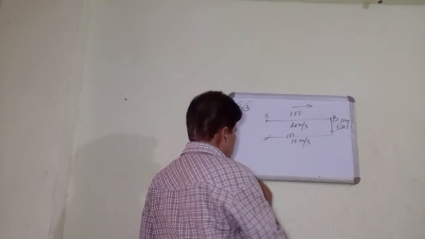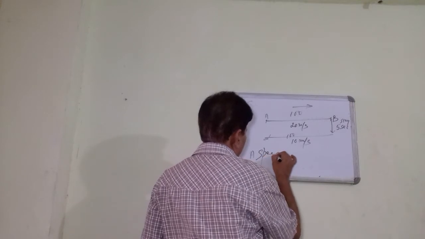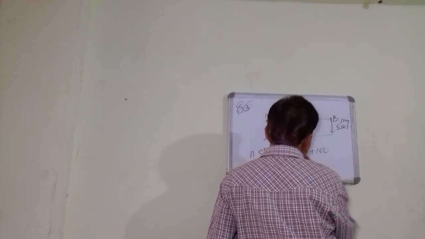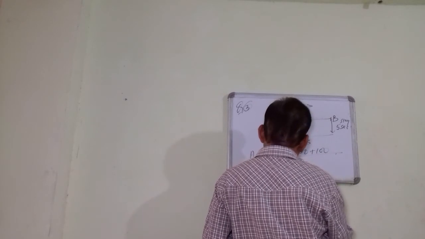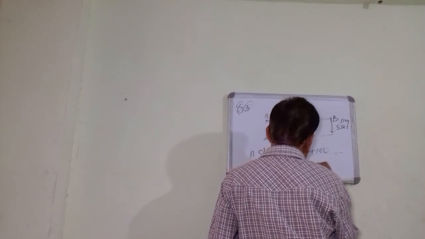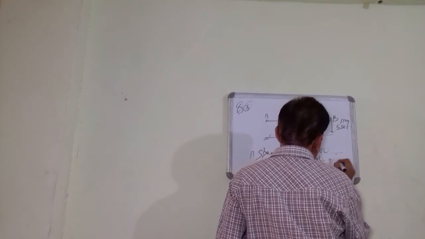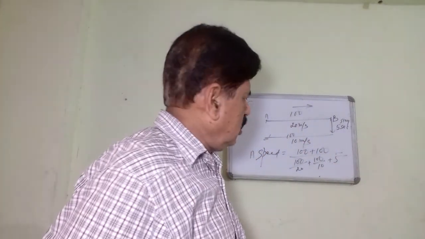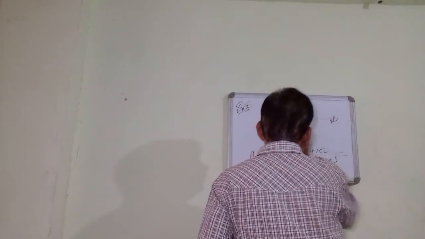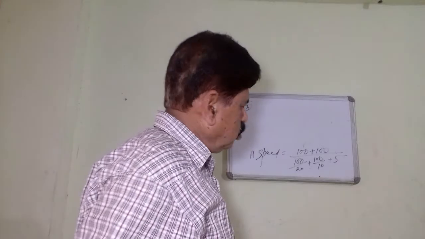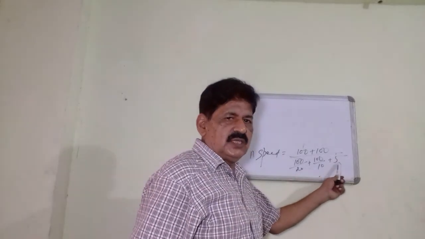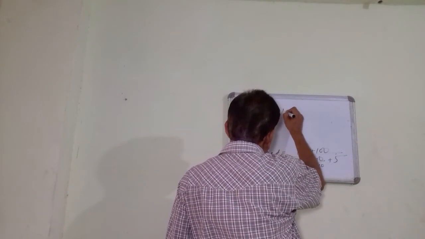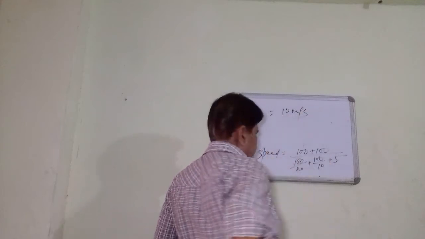Then what is the average speed in this case? That becomes 100 plus 100 upon 100 by 20 plus 100 by 10 plus 5. After simplification, you will get the answer 10 meter per second. Here total time includes both travel times and the 5 seconds of stay.